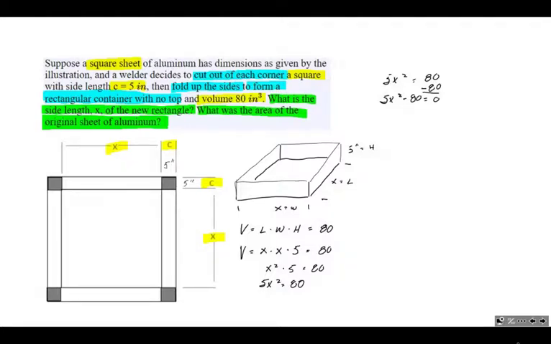Another important step in solving equations like these is to see if there's anything that we can factor out, anything that we can divide out of each of the terms in this expression. We have 5x squared and negative 80. Is there something that goes into both of those terms evenly?